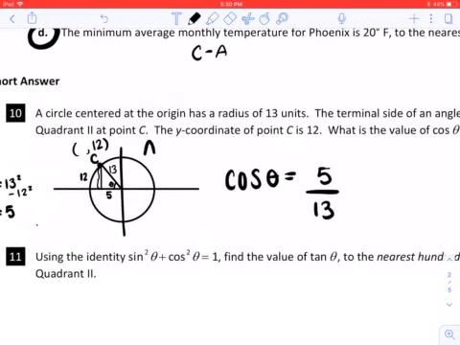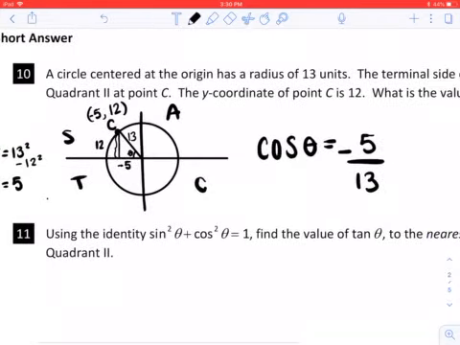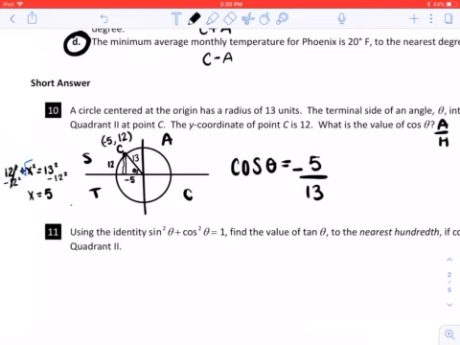Since I'm in quadrant 2, ASTC, only sine is positive, which means this is a negative 5 over 13. And I know that because this is our x value, but I'm going from the origin to the left, which are your negative numbers. So that would be a negative 5. So it's cosine equals negative 5 over 13.